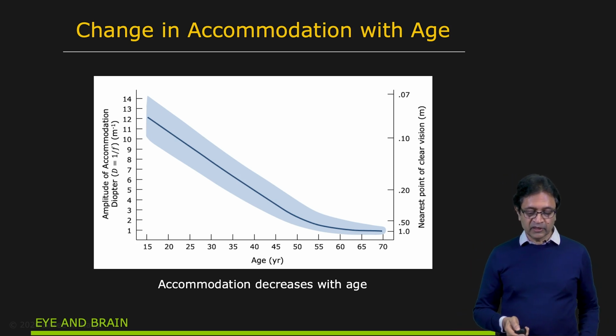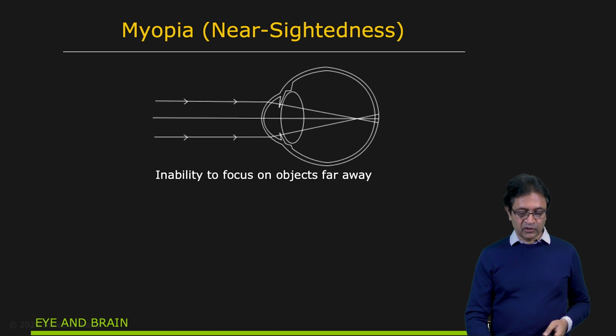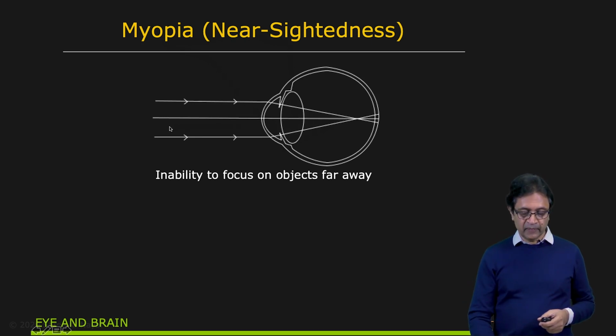Okay, so talking about glasses, here are some very common issues or problems that one faces with vision. One of them is myopia, near-sightedness. So in this case, when your eye is so-called relaxed, you're looking at something really far away, it turns out that the image is formed in front of the retina, right here.